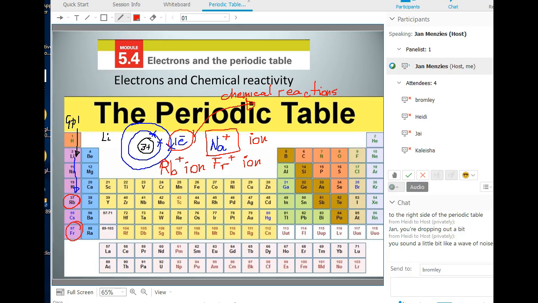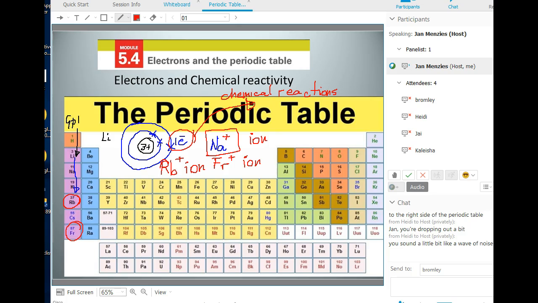So in a similar way, when we look at the chemical reactivity down a group, what we find is as you go down the group, the reaction is stronger and faster. So the reactivity is stronger and faster down the metal groups.